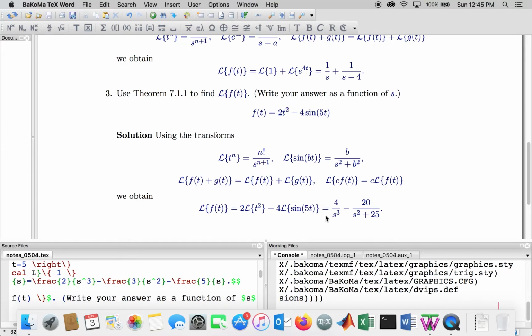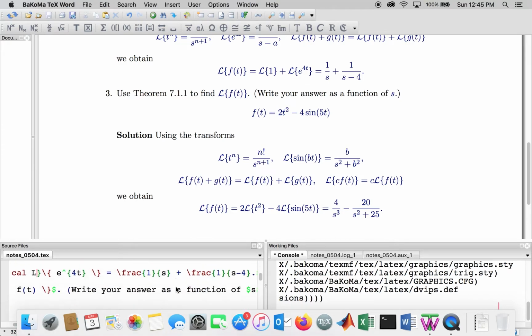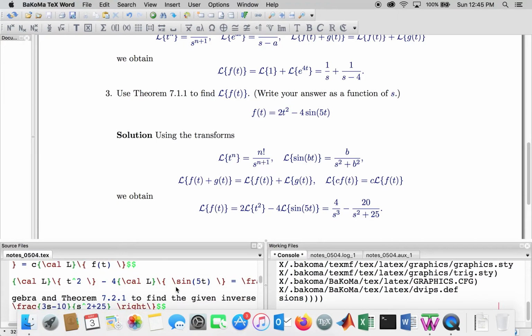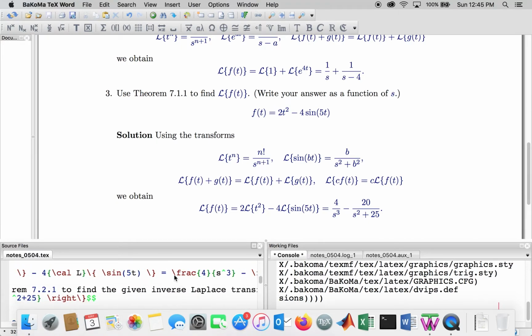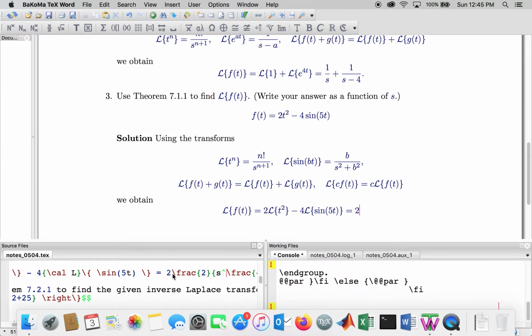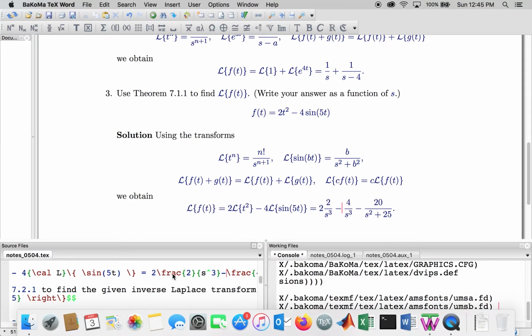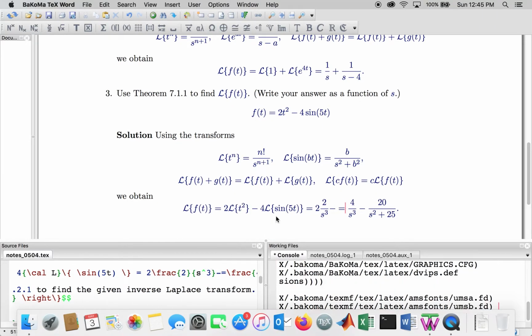And then, actually, I'll go ahead and write that out a little more fully as well, as an intermediate step. So it'll be 2 over s cubed minus, and then for this term, the transform of a sine of a constant times t, it's this rule right here.